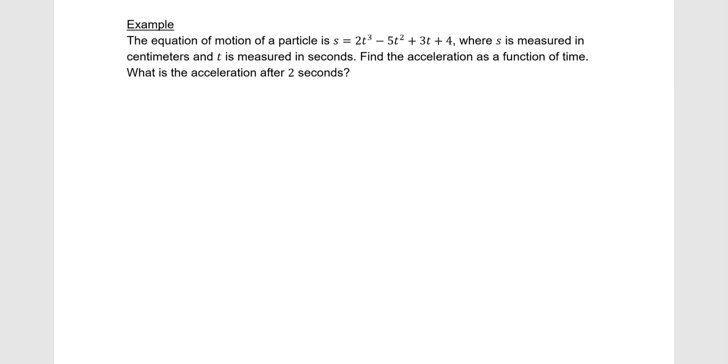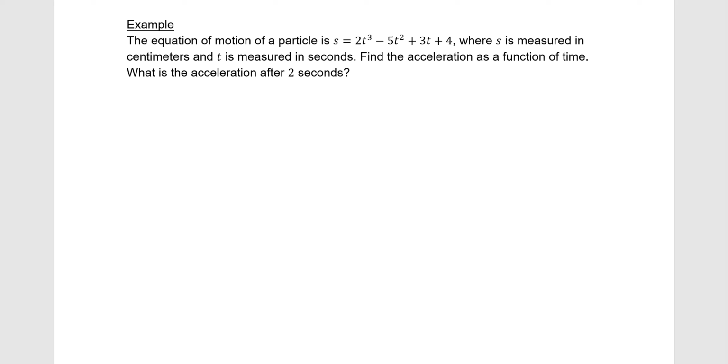Next example, the equation of motion of a particle is s equals 2t cubed minus 5t squared plus 3t plus 4, where s is measured in centimeters and t is measured in seconds. We want to find the acceleration as a function of time, and we want to know what is the acceleration after 2 seconds. So we're given the position function, we're looking for the acceleration function.